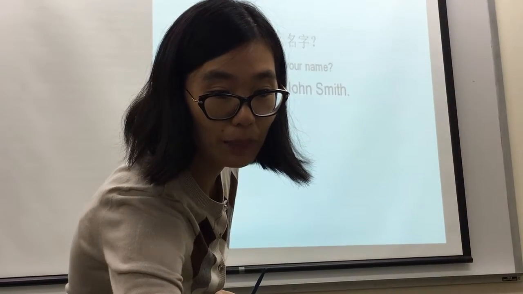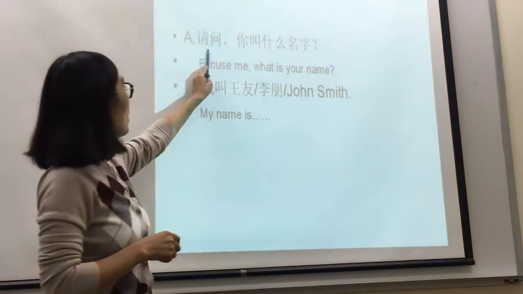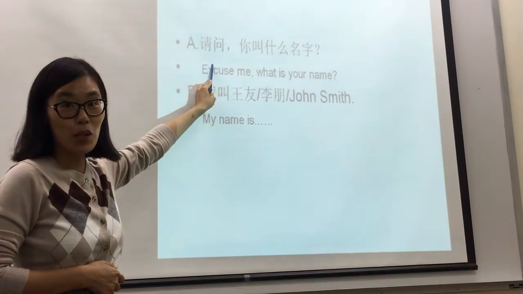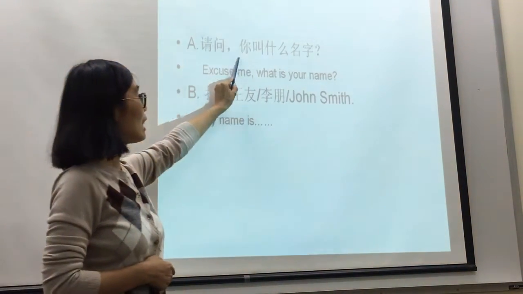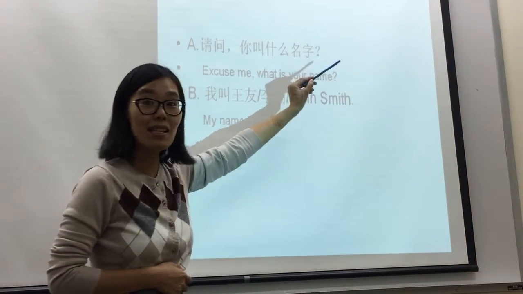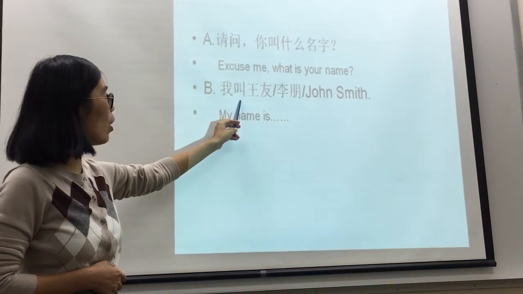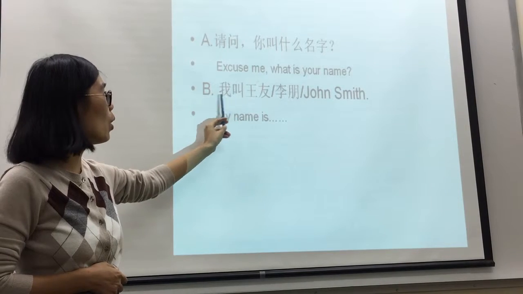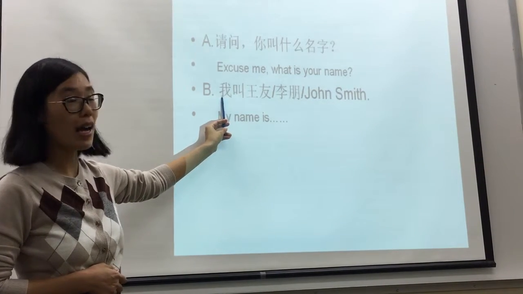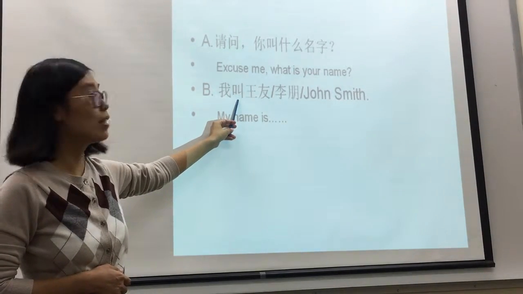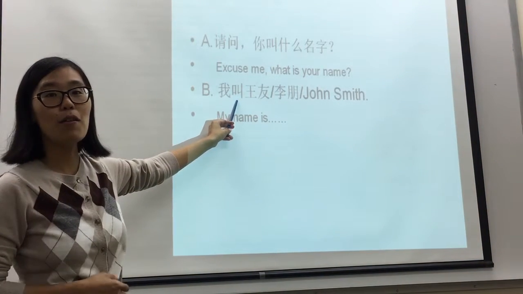好 let us practice the dialogue. 请问 you know this right? Excuse me. 请问你叫什么名字 What is your name? 我叫 you know 叫 to be called, followed by the full name.